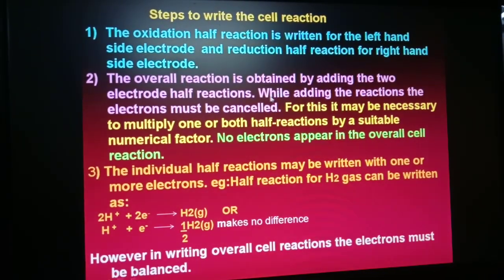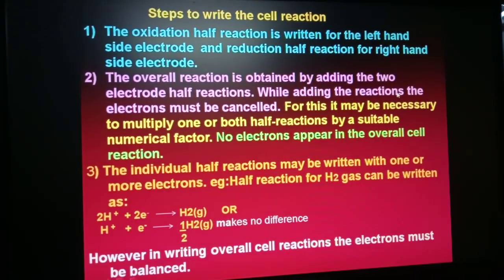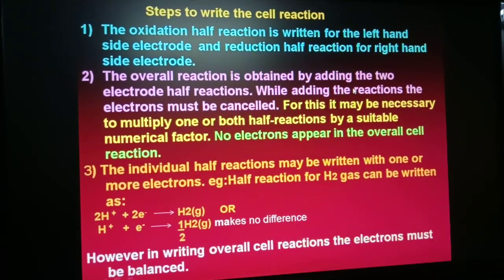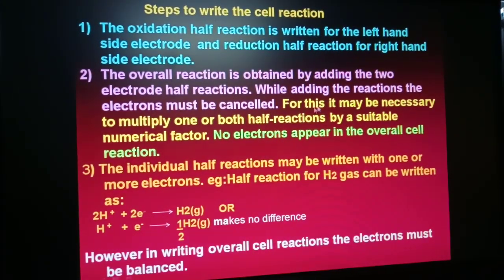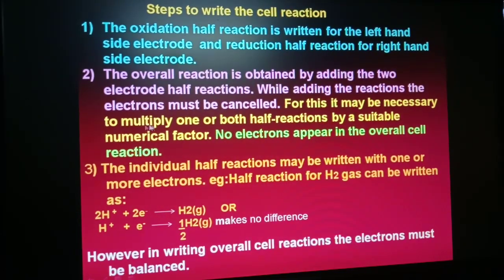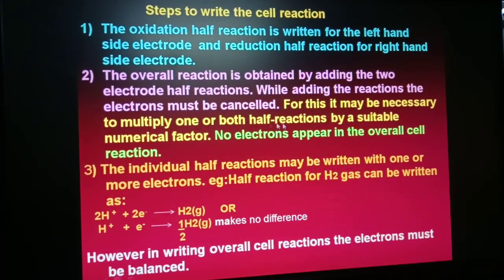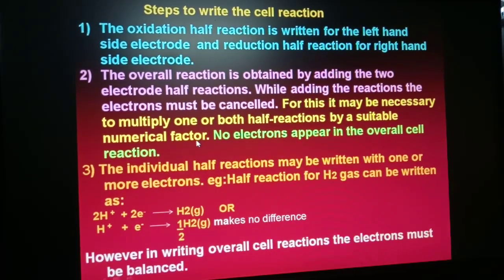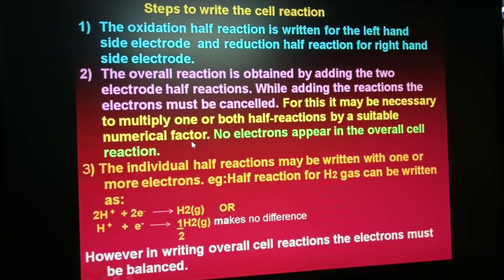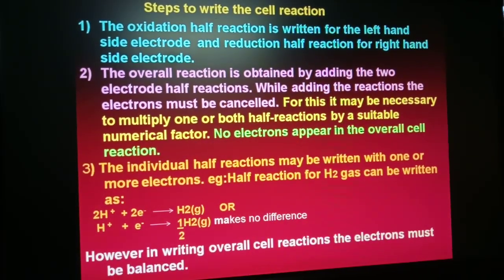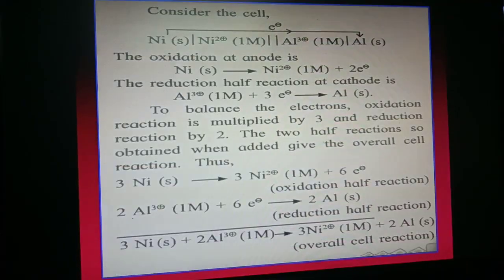Another important point here is that while adding the oxidation and reduction reactions, the electrons must be cancelled. For this, it may be necessary to multiply one or both half reactions by a suitable numerical factor. Now, what do you mean by this sentence? To understand this, let us shift ahead.